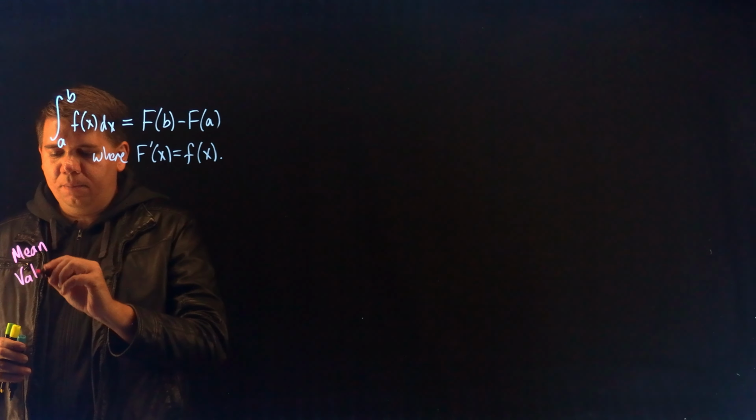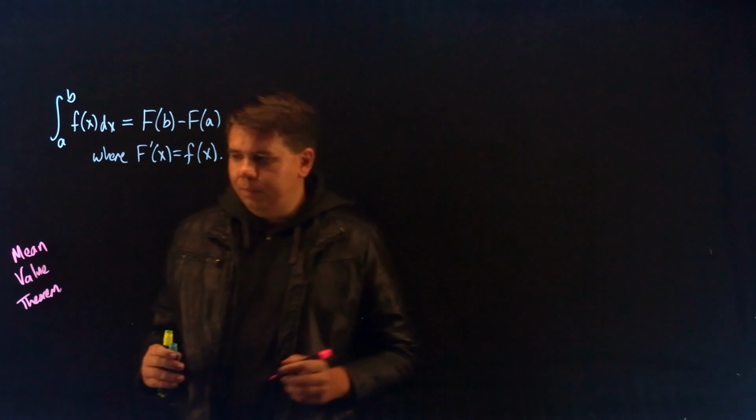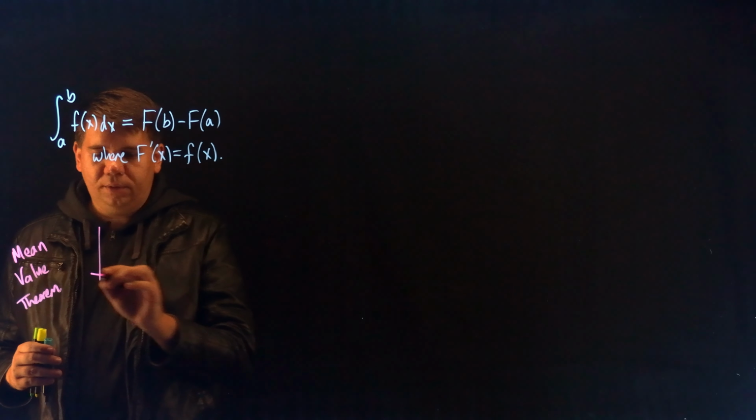One version of the mean value theorem, the first one we saw, was the mean value theorem for thinking about derivatives.